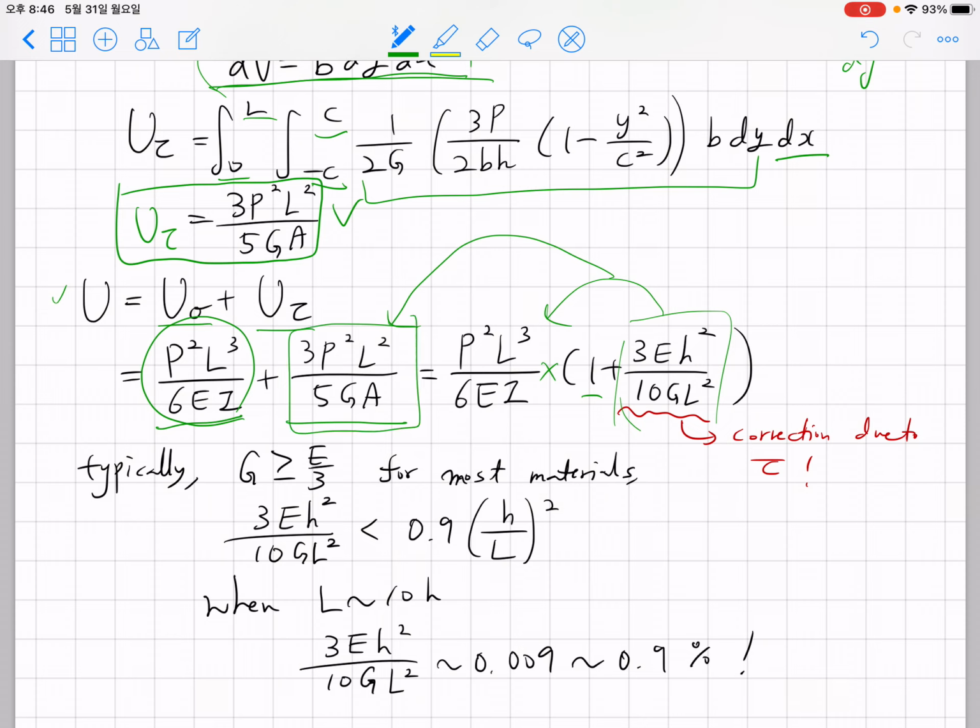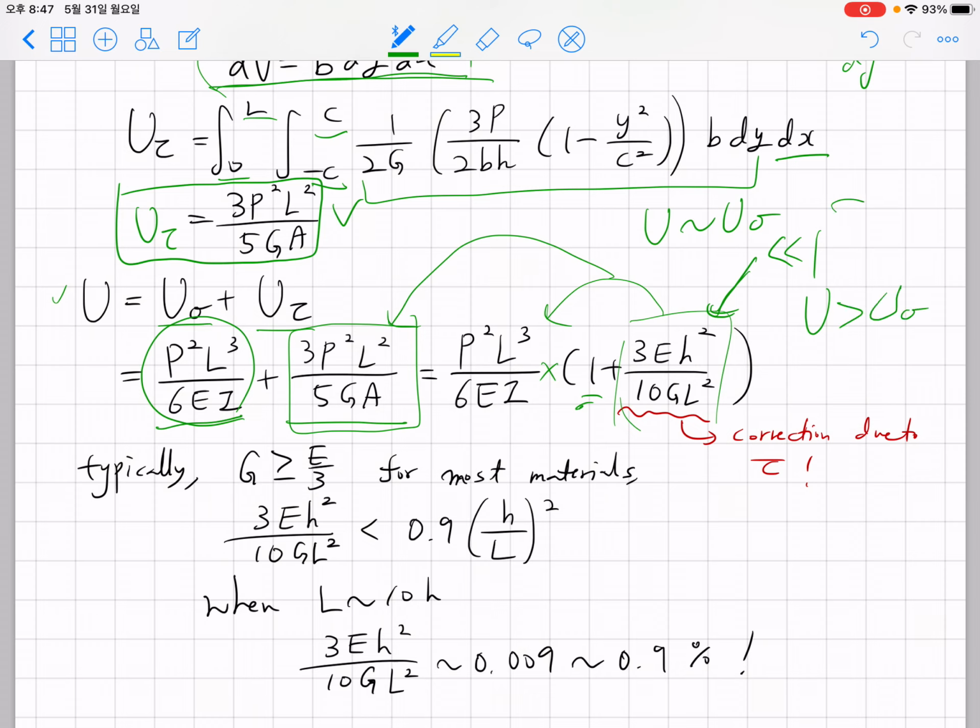The reason I write them this way is that typically the term inside the parenthesis is quite small. This can be the correction due to tau. If this term is very small, not 0, but very smaller than 1, you can say that U is around U sigma. But if this term is comparable to 1, you can say that U can be quite larger than U sigma.